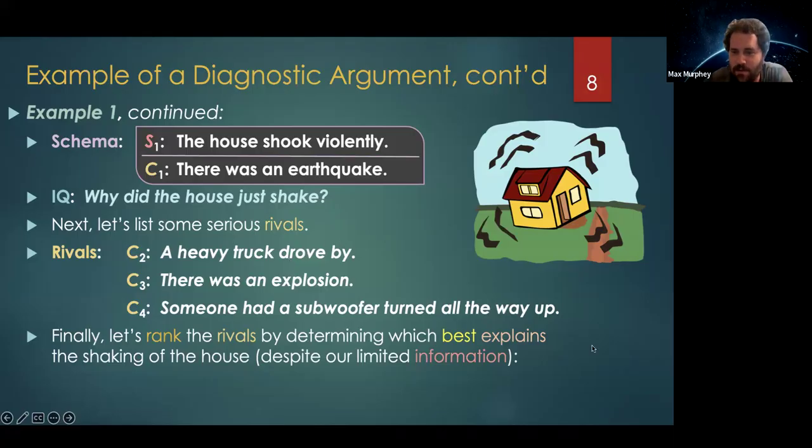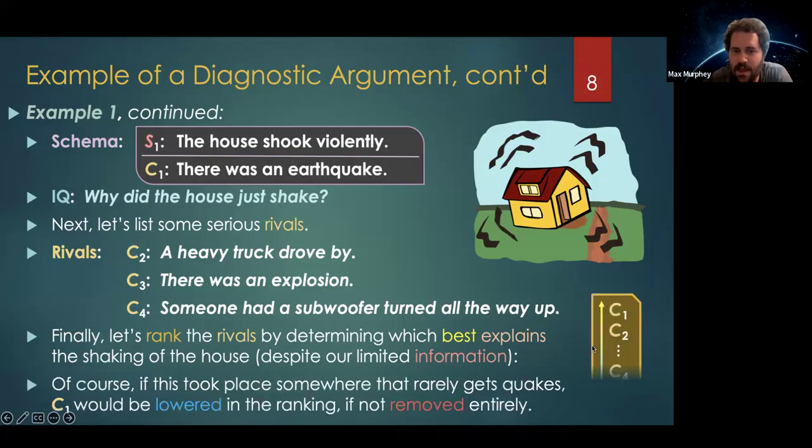Well, this is what I came up with. I said the author's conclusion sounds pretty good. I put it at the top, so this would be a sound argument according to me. I put the heavy truck second just because, I don't know, trucks are pretty common. Certainly more common than explosions.